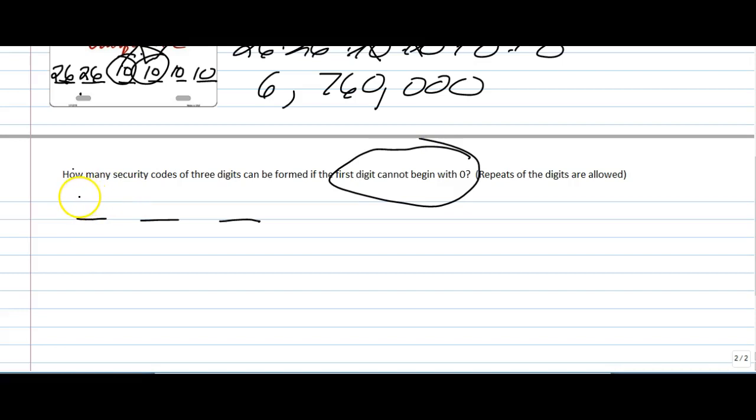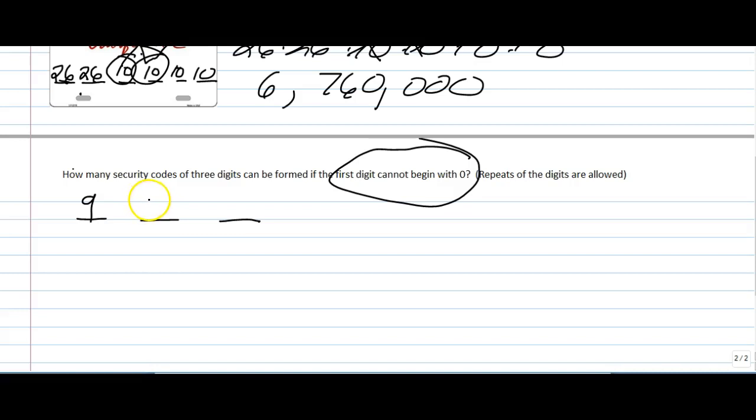Well, there are digits 0 through 9, which gives us 10 digits, but if we cannot fill the first code using a 0, then that means we can use the numbers 1 through 9, so there are 9 possibilities there. Now, there's nothing special about the last 2 digits.